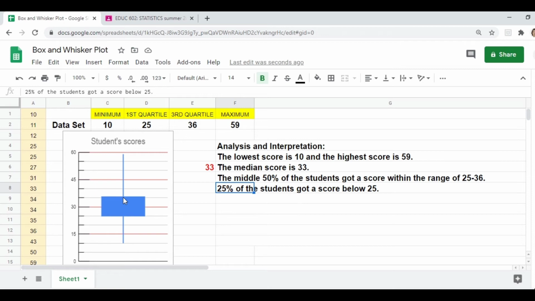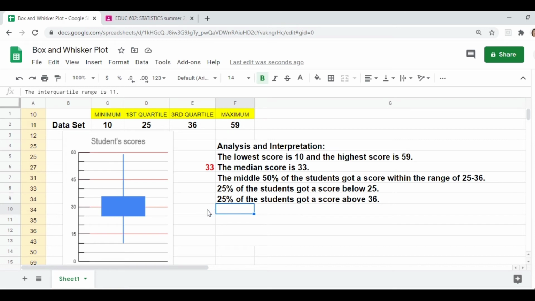How about here? This endpoint is 36, or the third quartile. So what can we say above 36? That means 25% of the students got a score above 36.